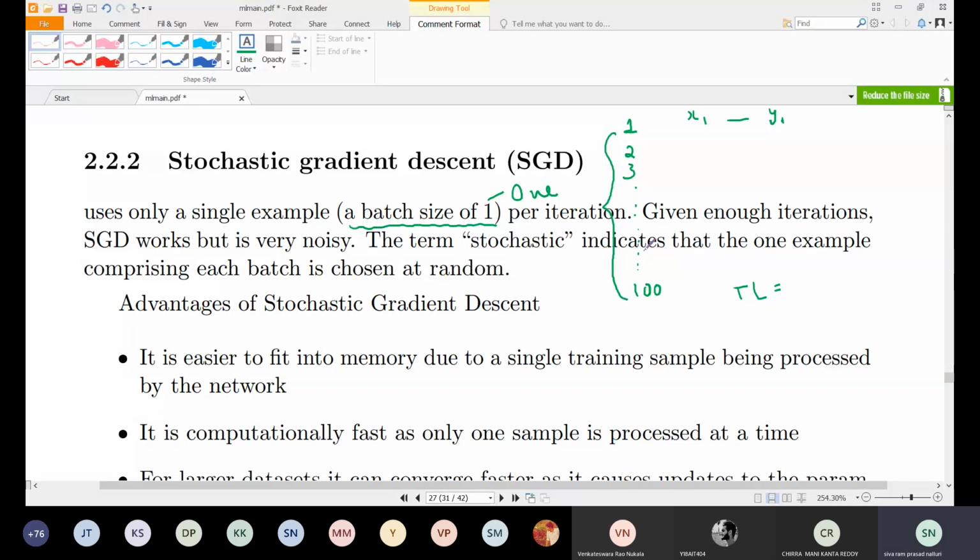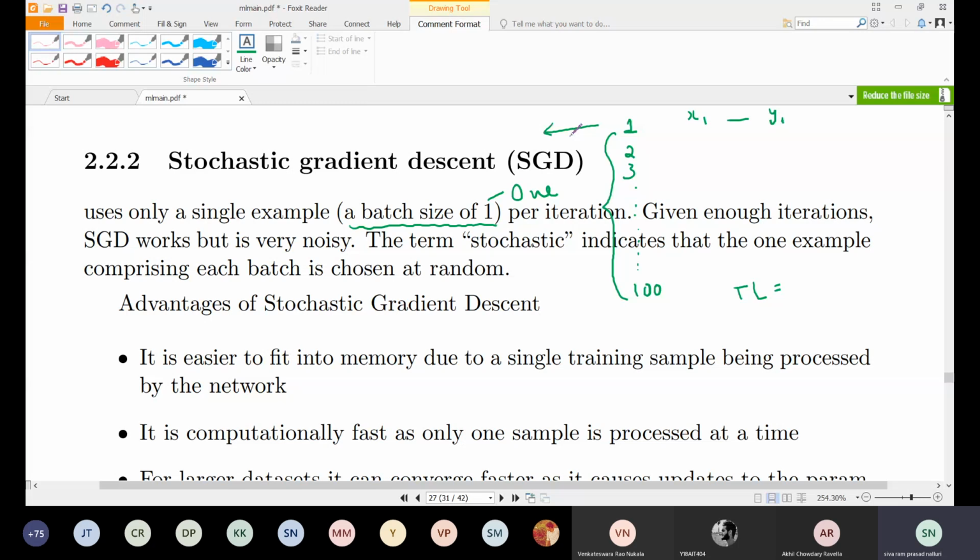ఇంత నుంచి ఉన్నట్టు ఉండదా క్లాస్? ఇన్ కేస్ ఆఫ్ స్టోకాస్టిక్ గ్రేడియంట్ డిసెంట్ అప్రోచ్ మనం ఏం చేస్తామనంటే ఒకే ఒక ఎగ్జాంపుల్ తీసుకుంటాము. కేర్ఫుల్లీ అబ్జర్వ్ ద డిఫరెన్స్.